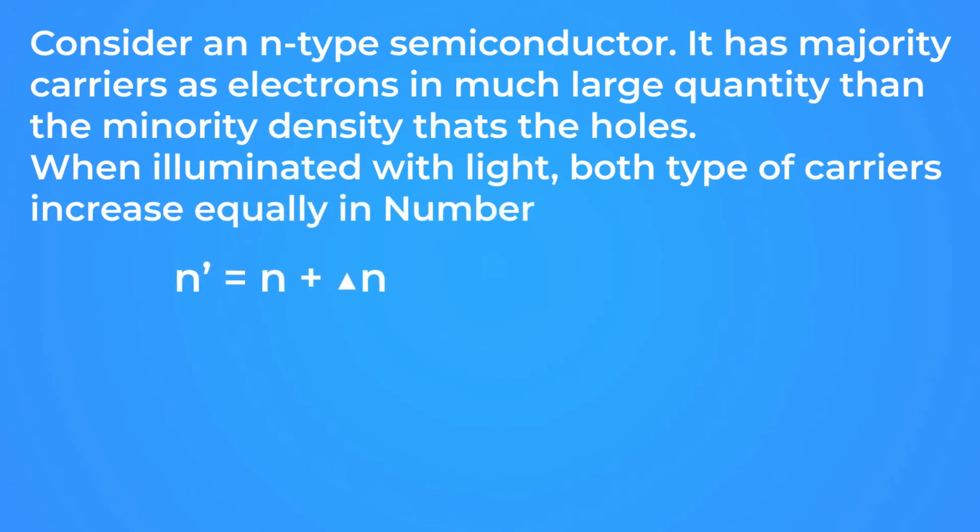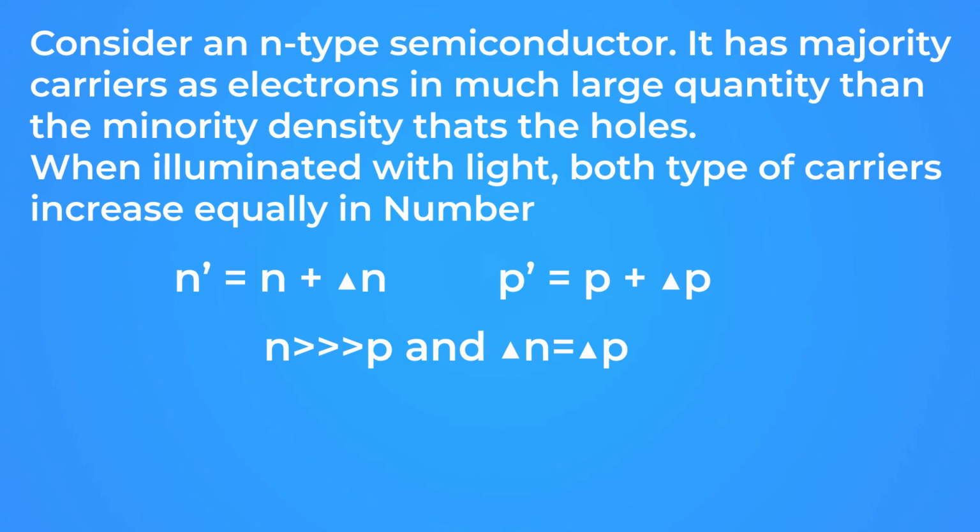So n' turns out to be n plus Δn, and p' turns out to be p plus Δp. Since n is very large as compared to p, and Δn and Δp are equal, we can conclude that Δn/n is very less as compared to Δp/p. That is, the fractional increase in majority carriers is much less than the fractional increase in minority carriers.